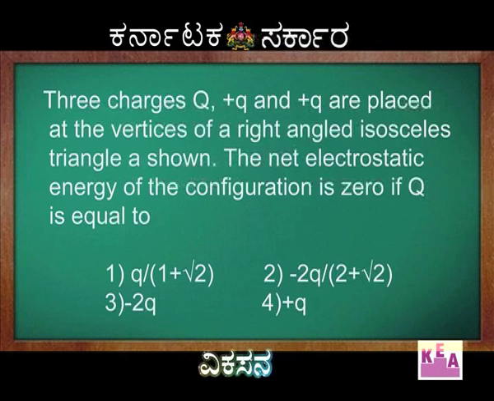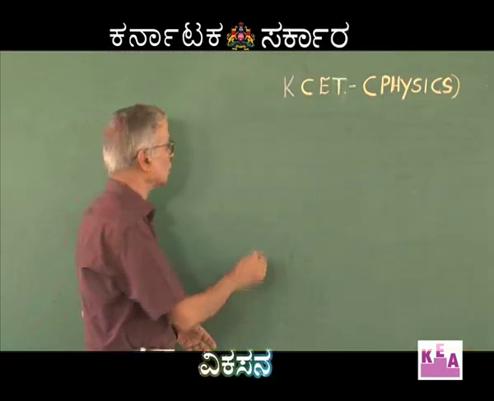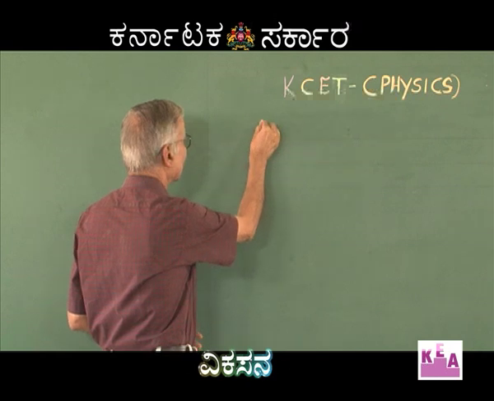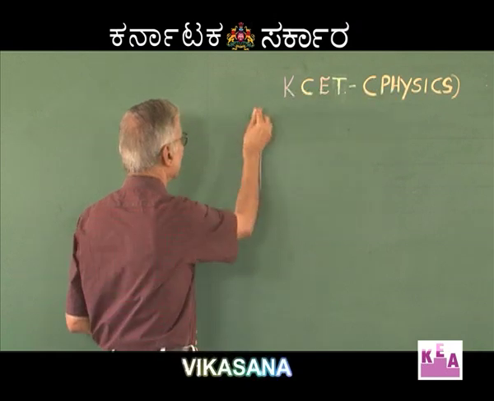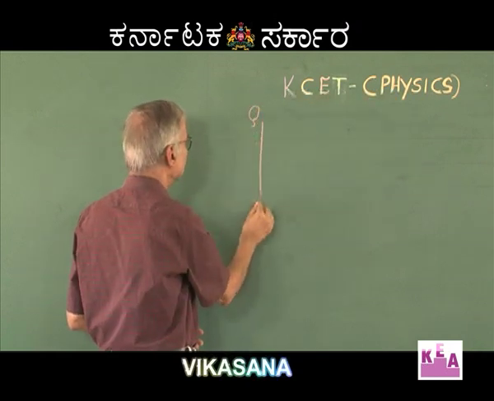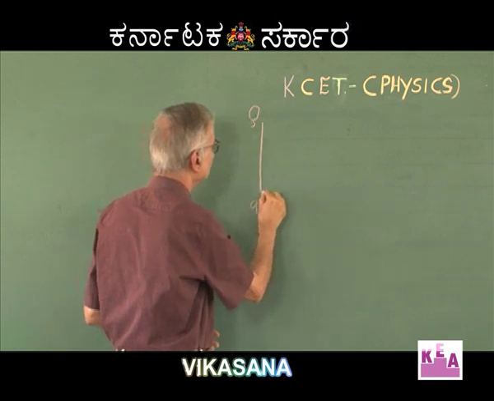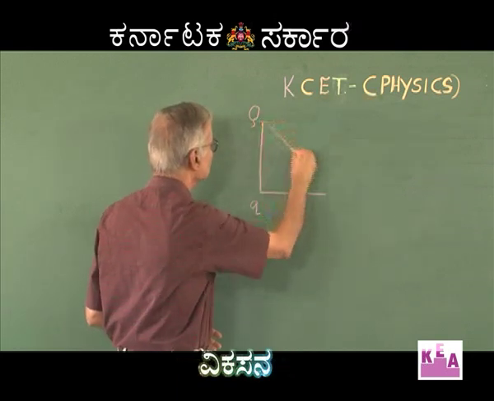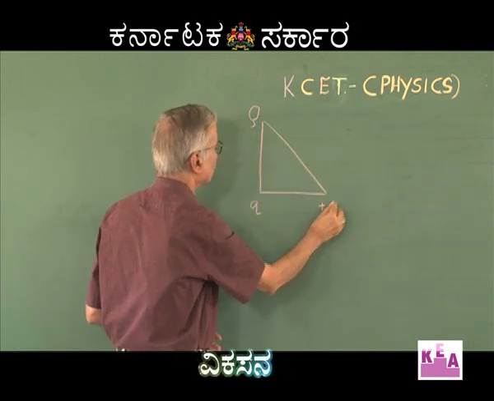The net electrostatic energy of the configuration is 0 if capital Q is equal to what? For your reference, let me draw the figure again. This charge is capital Q, this is small q, this is also equal to small q.